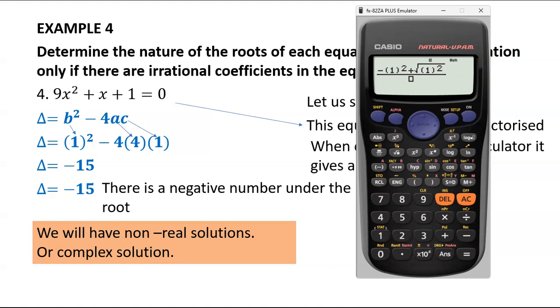And then you minus 4, where there's a, you will substitute 9, and where there is c, you will substitute 1. And then put this divided by 2. Again, where there's a, you will substitute 9. Then press the equal sign.